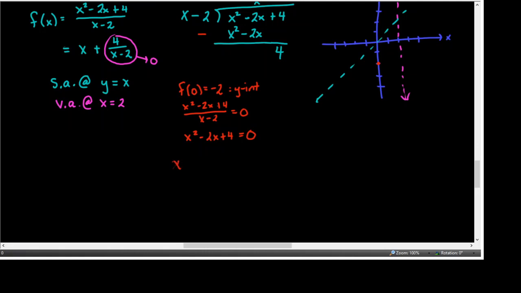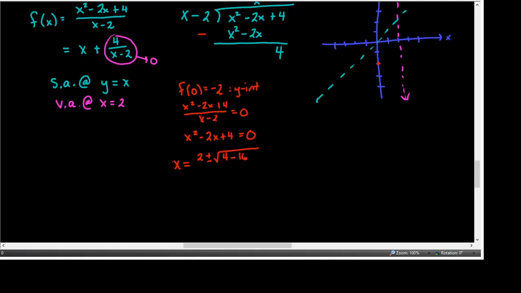So x is the opposite of b, so positive 2, plus or minus the square root of b squared. The square of negative 2 is 4, minus 4 times a, which is 1, times 4, which is 4. So 4 times 4 is 16.